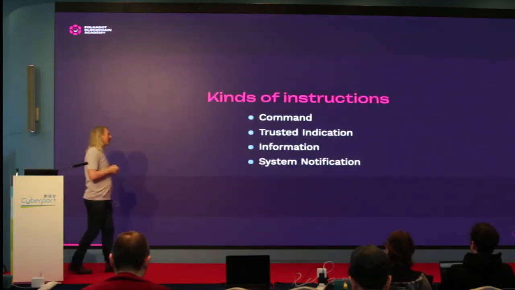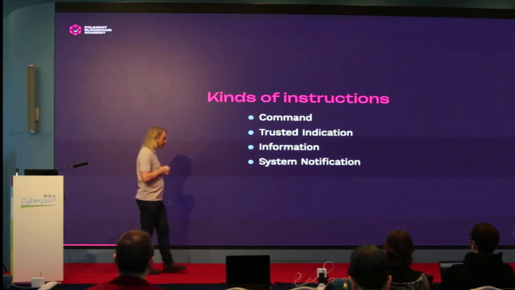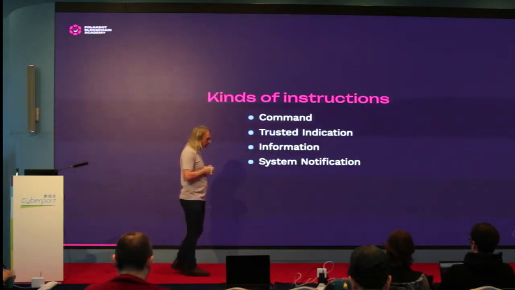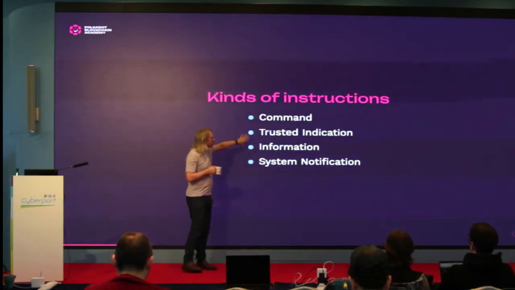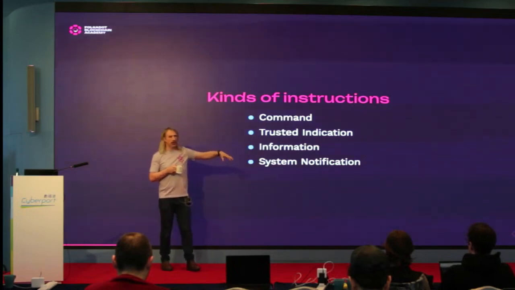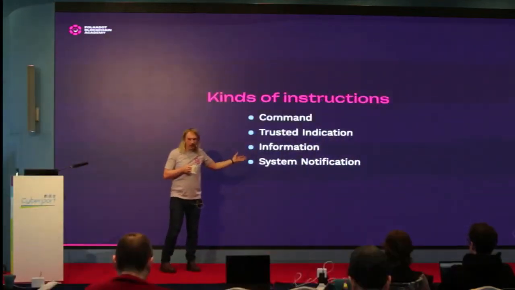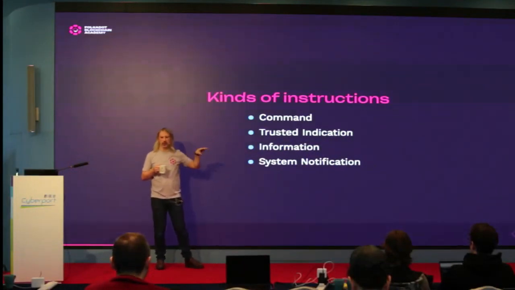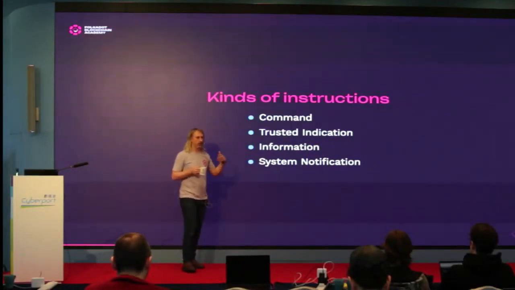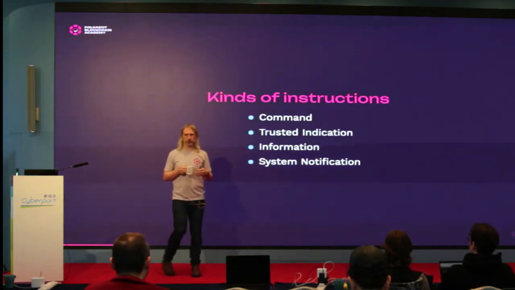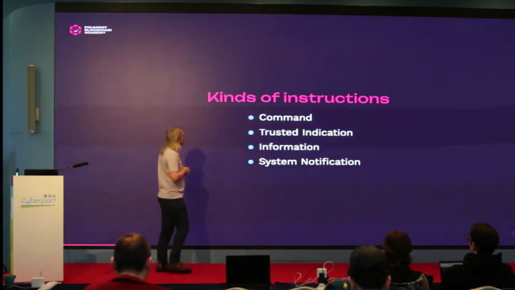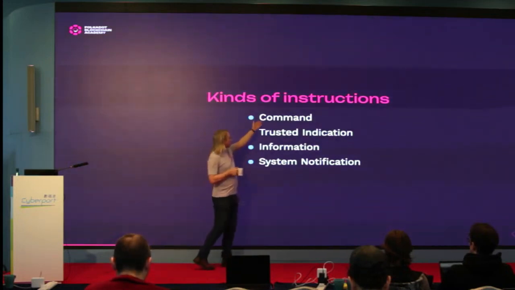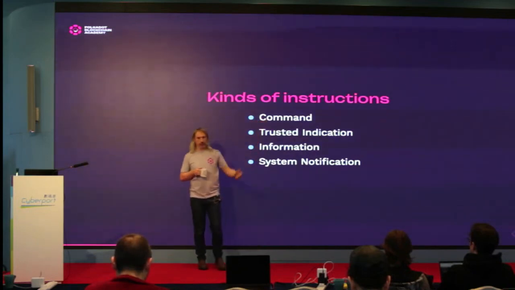There's a few different kinds of instructions. They're not really categorically different things, but it makes sense to group them a little, just to help you understand the sorts of things that instructions might do. They might be telling the machine to do something.